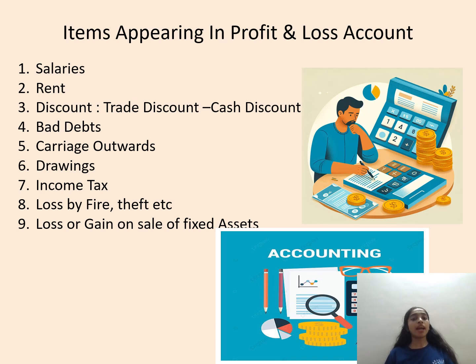Next is items not appearing in the profit and loss account. First is trade discount. It is not recorded in the books. Only the net amount after deducting the trade discount is accounted for. Next is drawing.